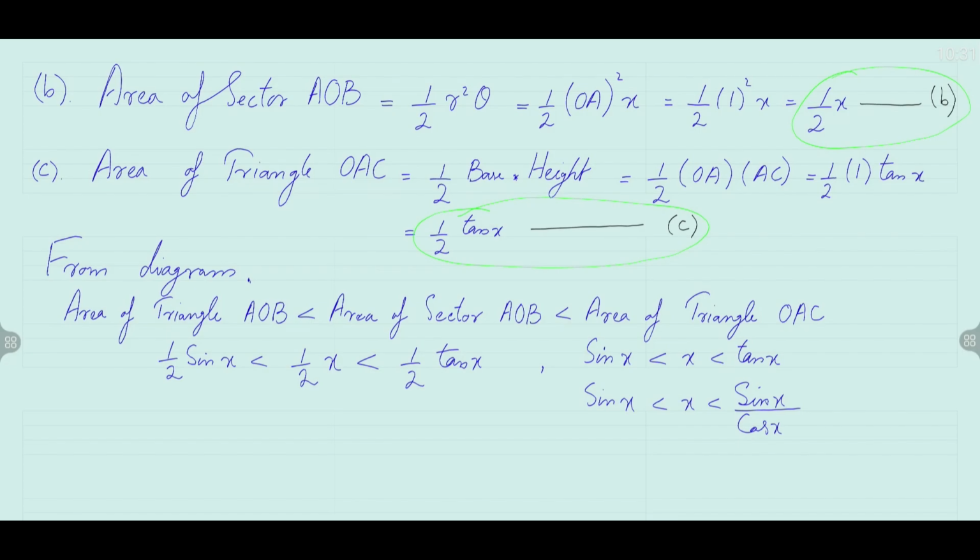If we divide the whole inequality by sine x, we get 1 less than x by sine x less than 1 by cos x.